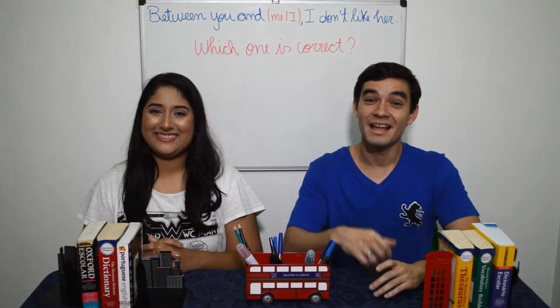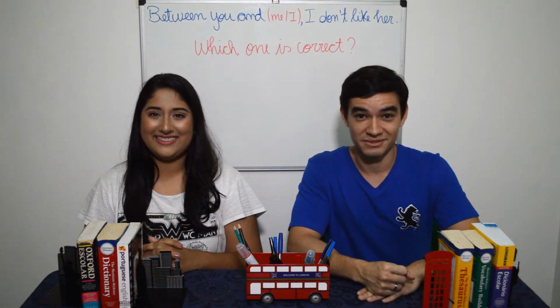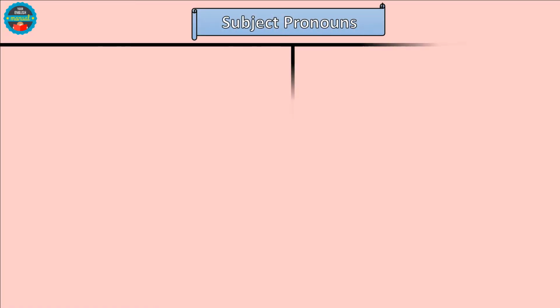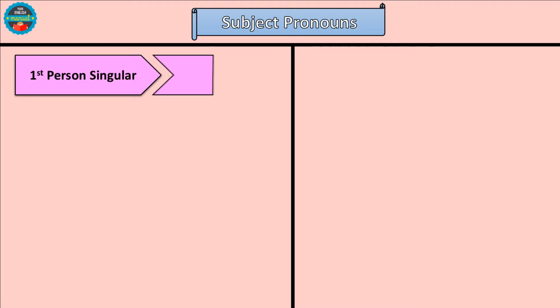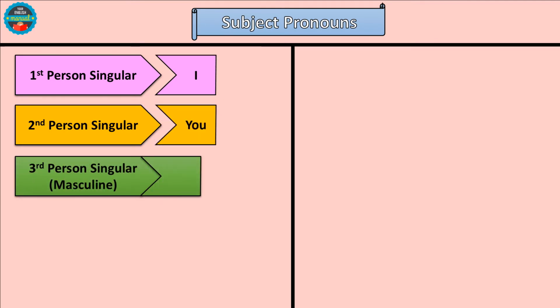Alright? Now that we understand the persons, let's see the subject pronouns. In order, we have first person singular, I. Second person singular, you. Third person singular masculine, he.